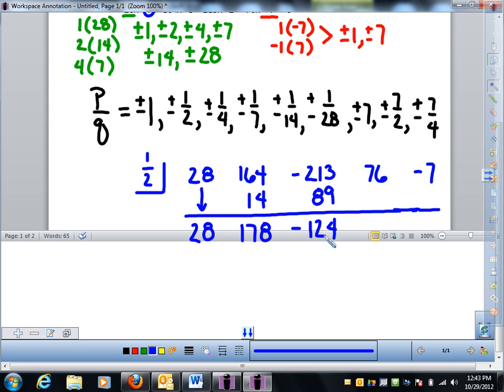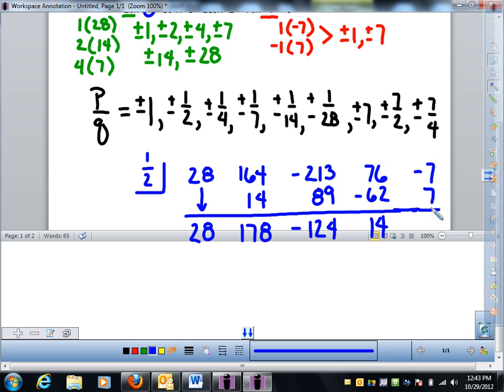Multiply, and I'll get a positive, or excuse me, a negative 62. Add, and I get 14.